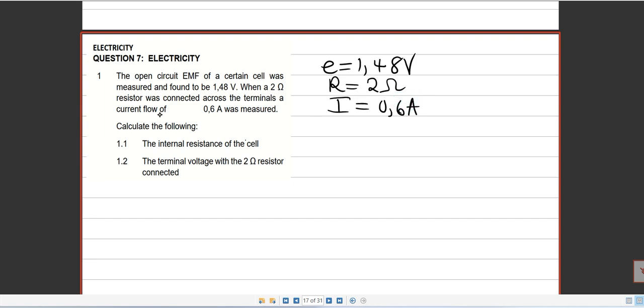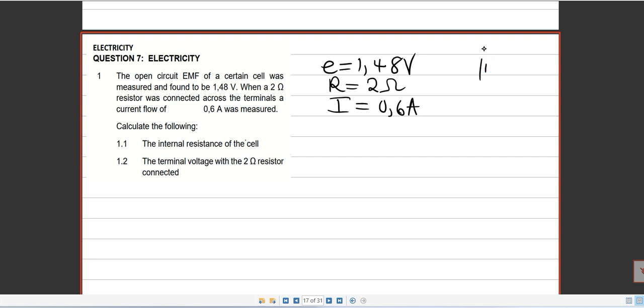You read the first question, it says calculate the internal resistance of the cell. The second question says calculate the terminal voltage with the 2 ohm resistance connected. So this is the given information we have, and we are told to find this information here. For internal resistance, all of this is happening within or around one cell.